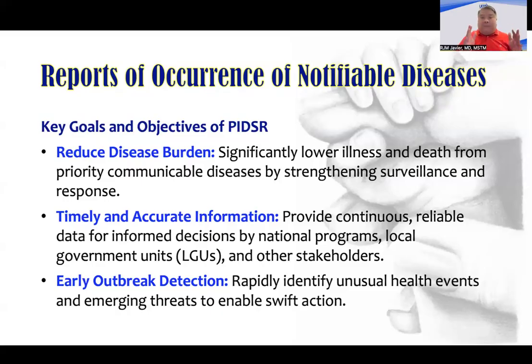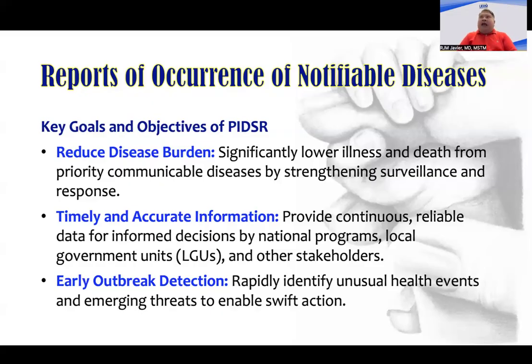Now, the purpose of your PIDS-R is that we are able to monitor over time. We're able to look into the secular trend of certain conditions because if you have a surveillance system, it will give you information on whether or not the burden is decreasing or not. It will also provide timely and accurate information.